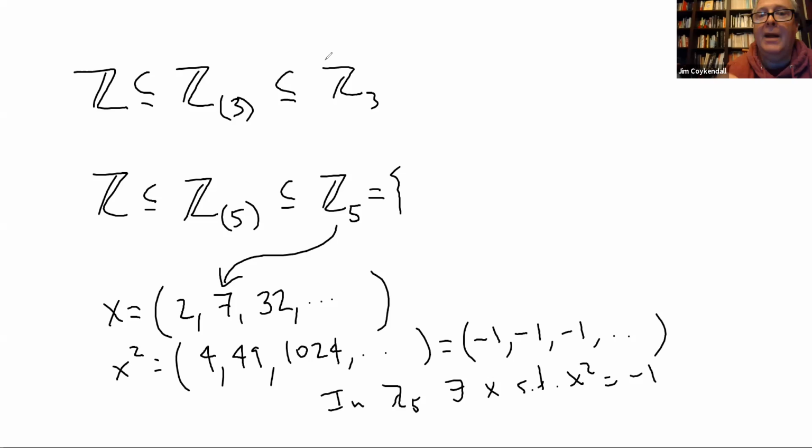Z3 does not have this property because there isn't even, if you look in Z3, there's nothing that squares to -1, because -1 in Z3 is 2. And if you square any elements of Z3, you can't even make it -1 in the first digit, right? However, in Z5, you've got something that looks like i.